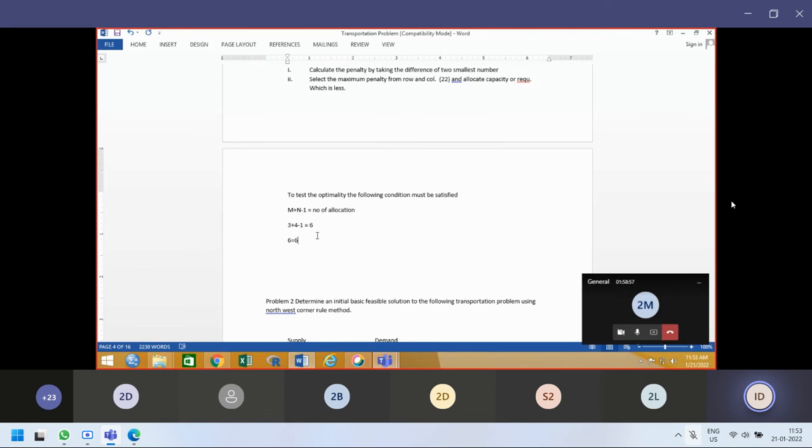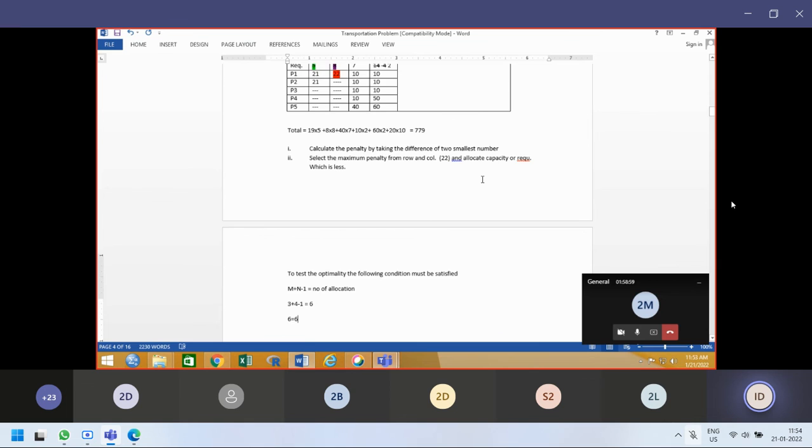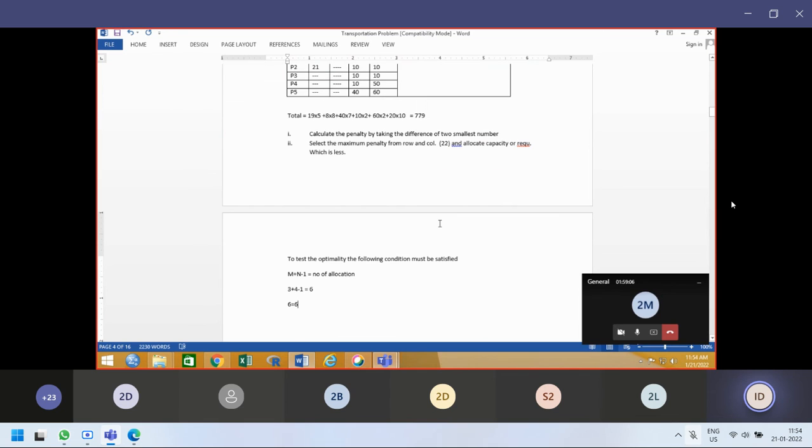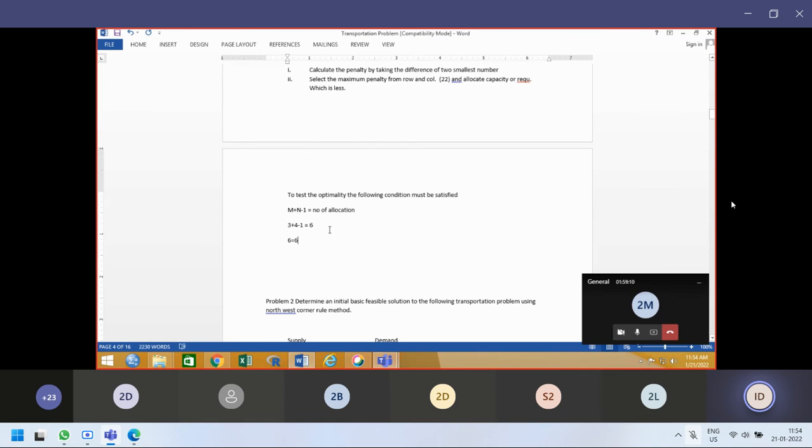The answer we received by this method, 779, can be improved. A better answer can be available, which is clear from this optimality test. If it is a better answer, then again we have to modify the existing problem by applying the two formulas.